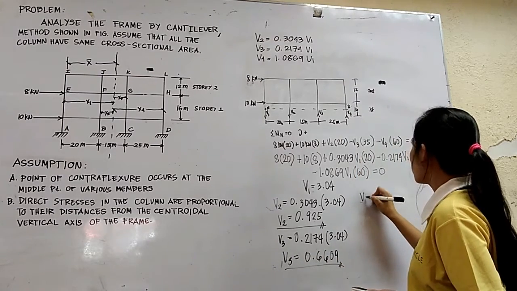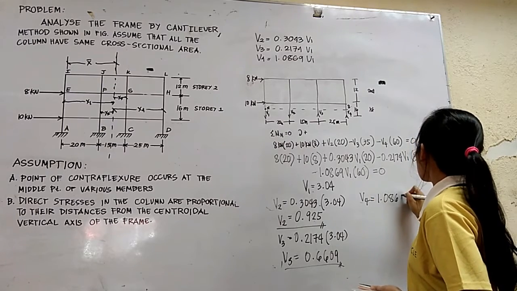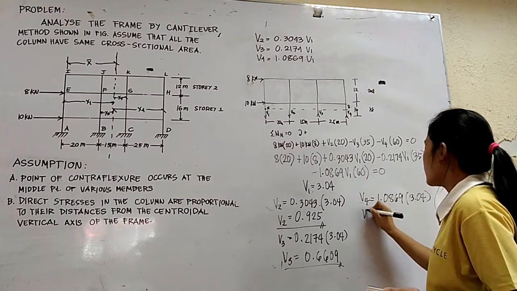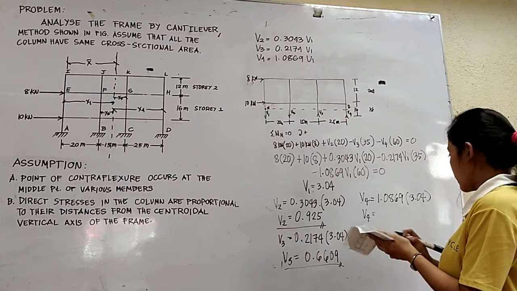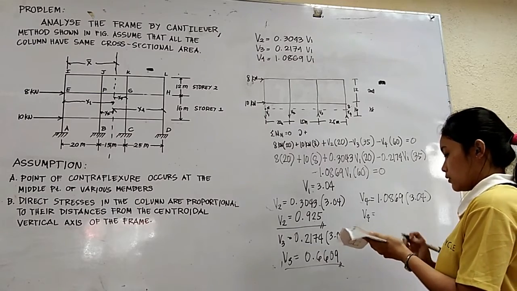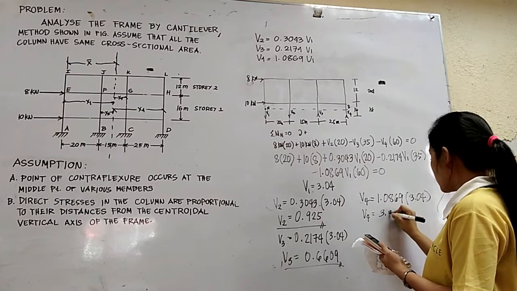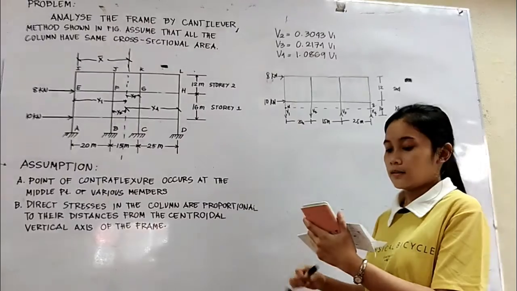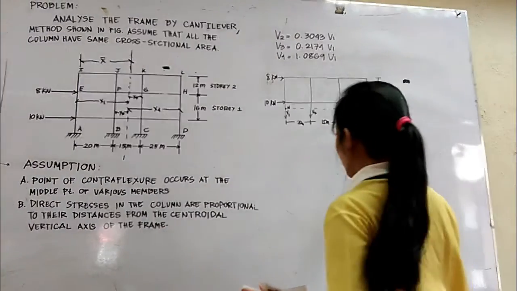For V4, 1.0869 times 3.04, V4 is equal to 3.3042.